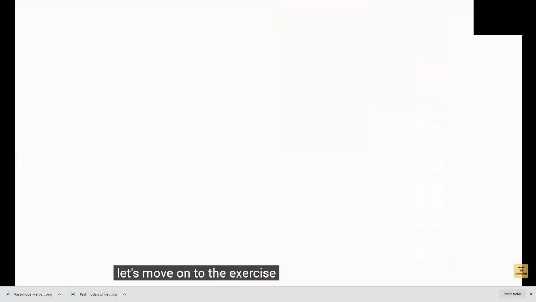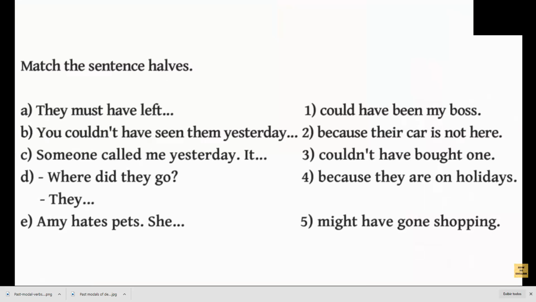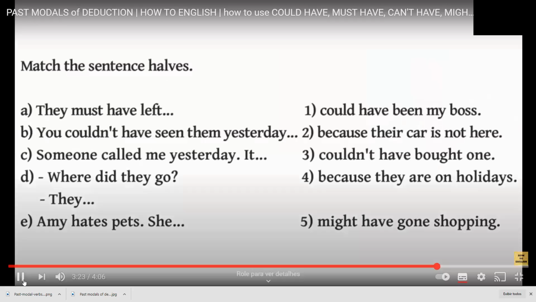Let's move on to the exercise. So here, guys, in the exercise, they want us to match the sentence halves. So here we have one half. They must have left.